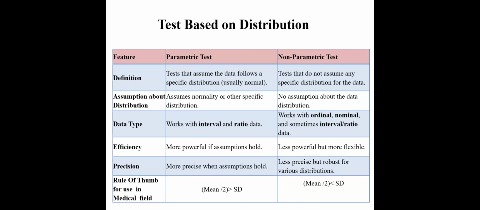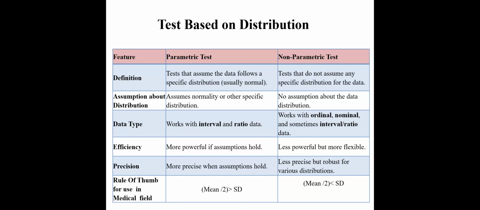But I will only focus on the rule of thumb, which decides which test to apply when in the common tests. If we take the average of any variable of interest, and if half of the mean is more than the SD, then generally in statistics and biostatistics we apply the normal distribution, means parametric tests like t-test, paired t-test, ANOVA.